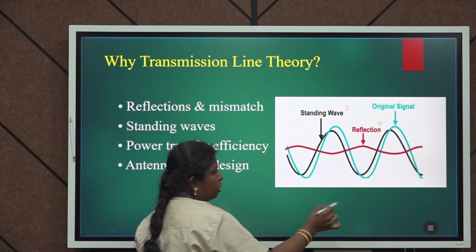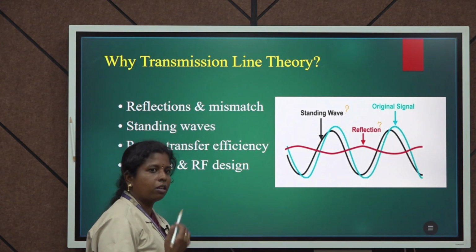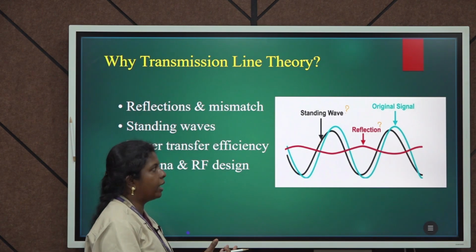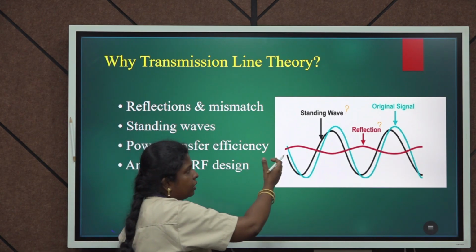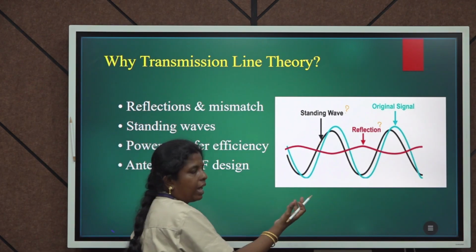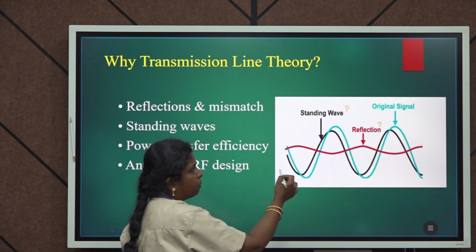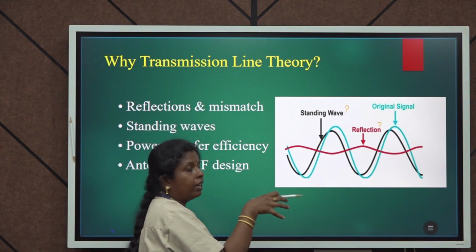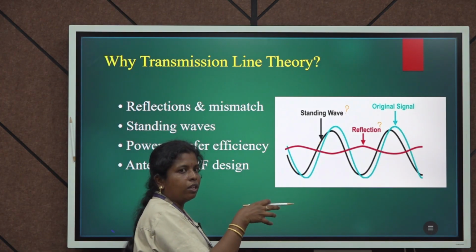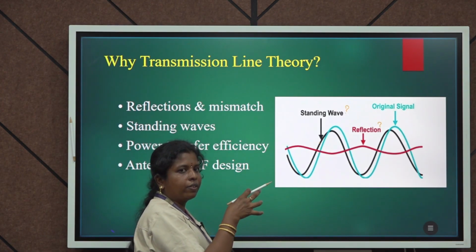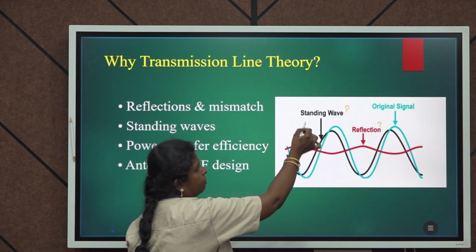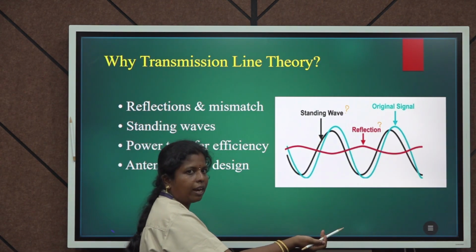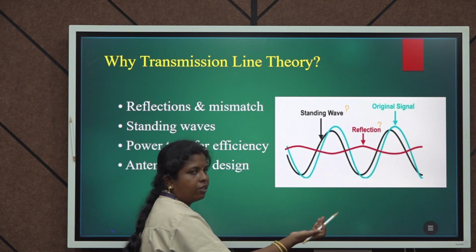There are many distributed parameters in the transmission line, and we are using a high frequency. Depending upon the type of source we are using, that high frequency can create standing waves between your transmitter and the load, or the transmitter and the receiver.